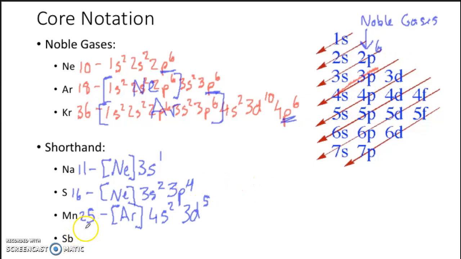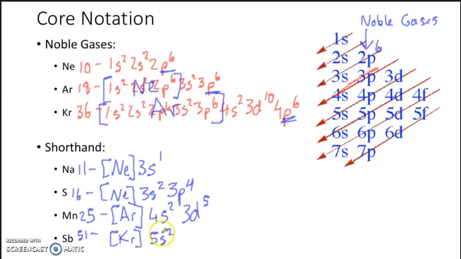Okay, moving down. You guys yelled at me about antimony, Sb, because it had 51. And that did not seem fair, and it was kind of mean. But 51 is larger than 36, so I'm going to use krypton to store those 36 electrons. Krypton ended in 4p6, so that takes me down to 5s2.